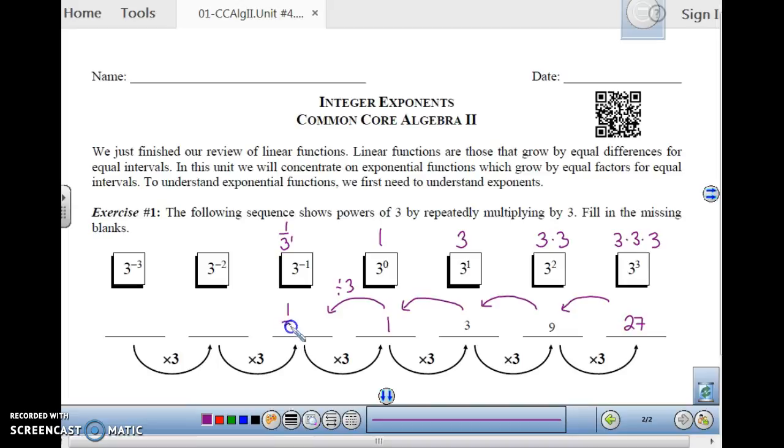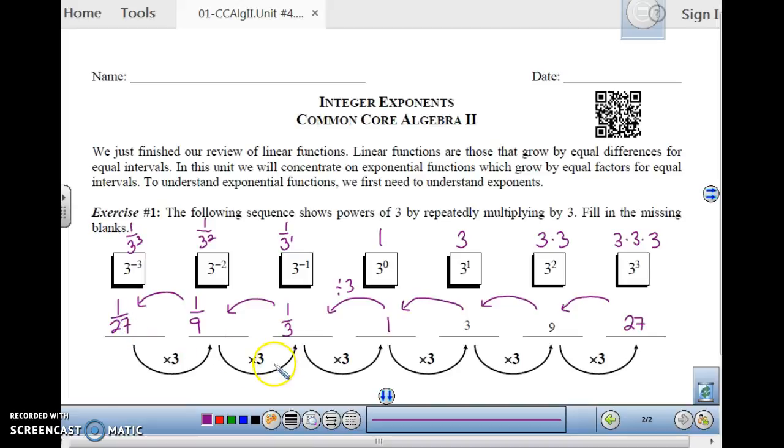So that's going to be 1/3. Following that idea, what would 3 to the negative 2 be? It would be 1 over 3 squared, which would be 1/9. And then this would be 1 over 3 to the 3rd, which is 1 over 27.